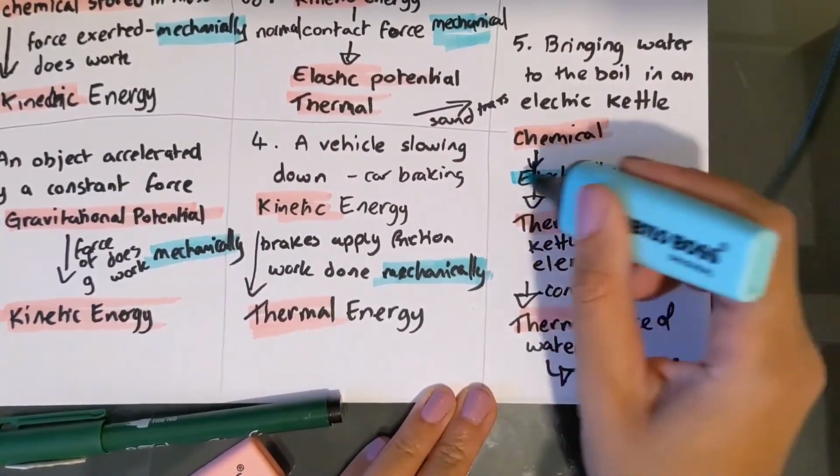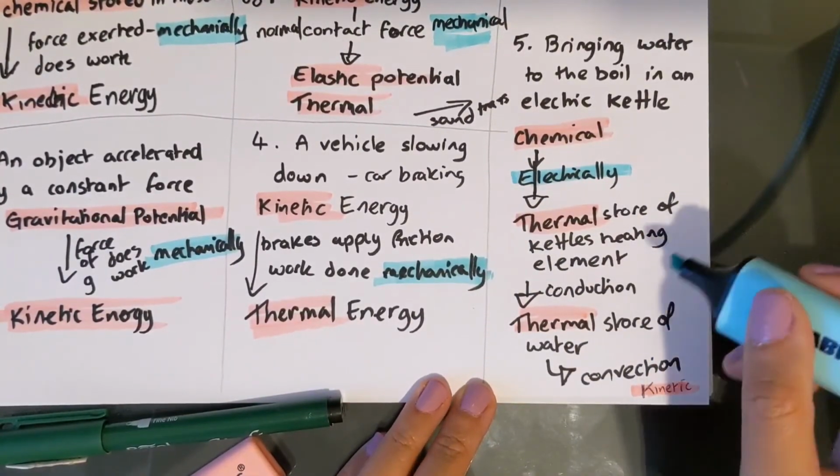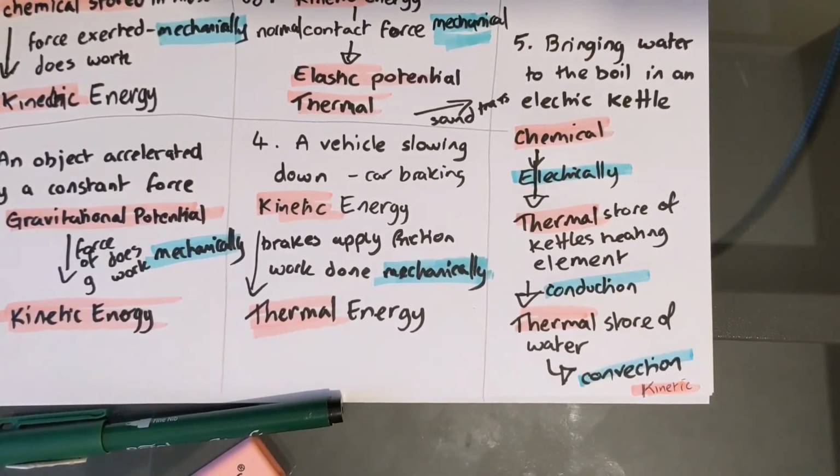But your transfers, electrical, and then we're going to have heating, okay, so conduction, convection. So those are your typical energy transfers within systems that you need to be aware of. Then goes on to say that students should be able to calculate the changes in energy involved when a system is changed by heating, work done by forces, or work done when a current flows.